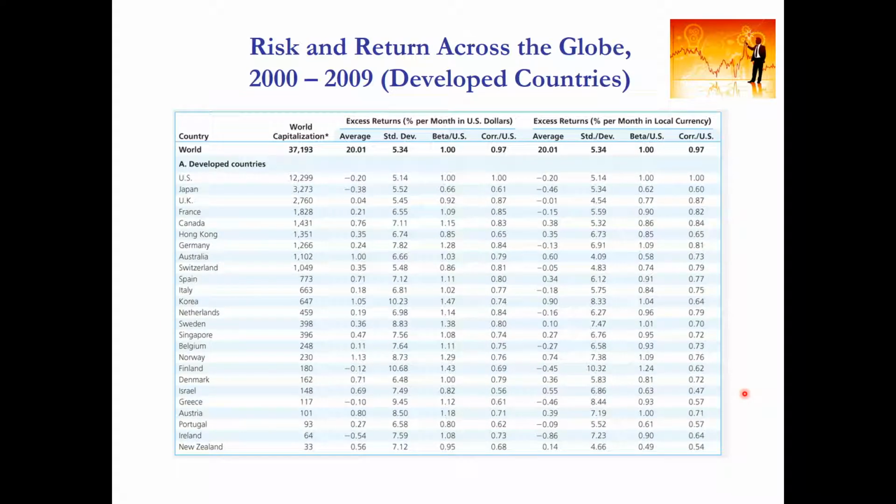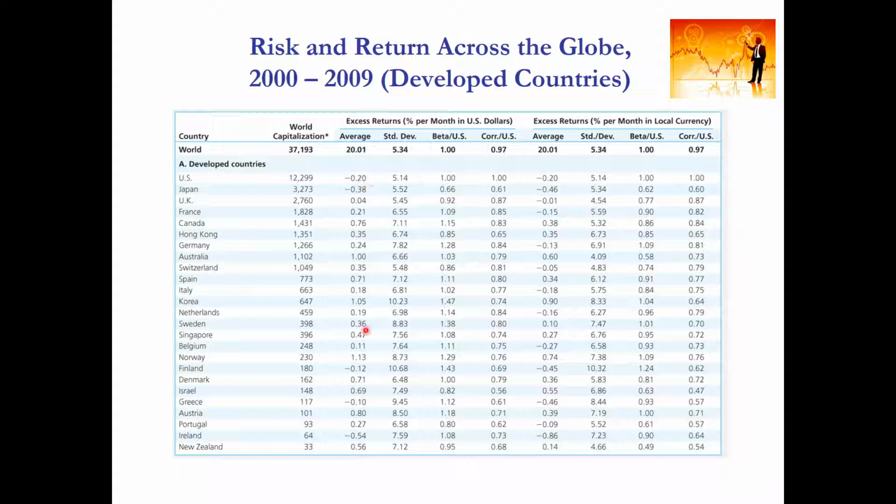Now, to summarize the risk and return characteristics of different markets around the world, we can see this table which provides a summary of the average returns and standard deviation of returns across a range of countries in the decade from 2000 to 2009. Now, what we know about this decade was that it did include the global financial crisis, which is why in some countries, for example, United States, the average monthly excess return is actually negative.